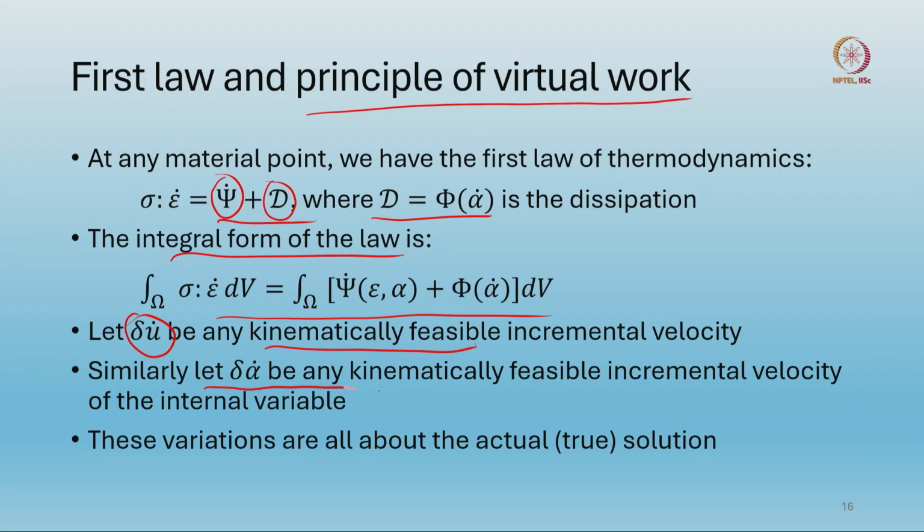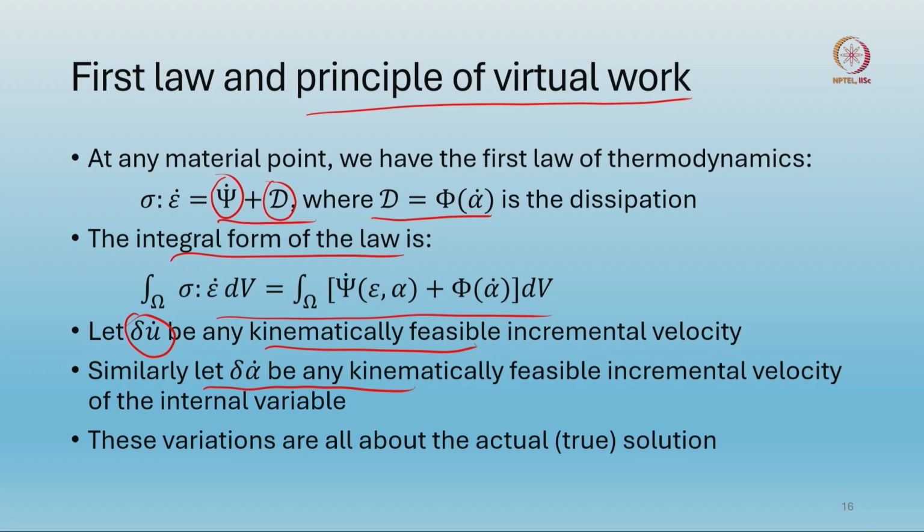Similarly, let delta alpha dot be any admissible or kinematically feasible incremental velocity of the internal variable. So, this variation is also about that alpha dot which solves the problem, right. This is a very important point.